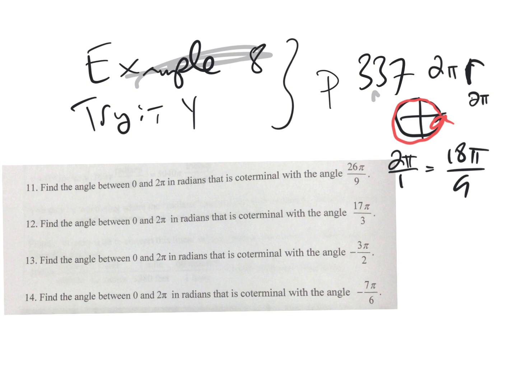No, that's not true. I get 8. I get 8 pi over 9, and that's less than 2 pi. So that's the angle between 0 and 2 pi. It's coterminal to that, okay? I'm just taking off revolutions until I get back to something that's less than 1 revolution.